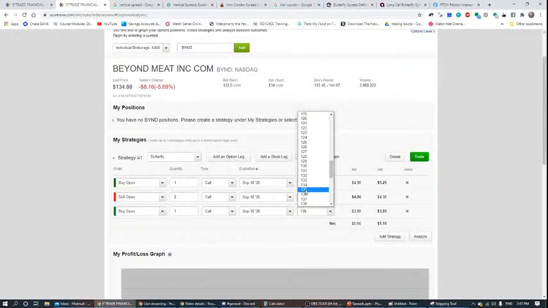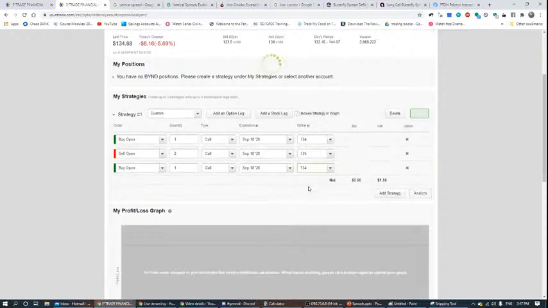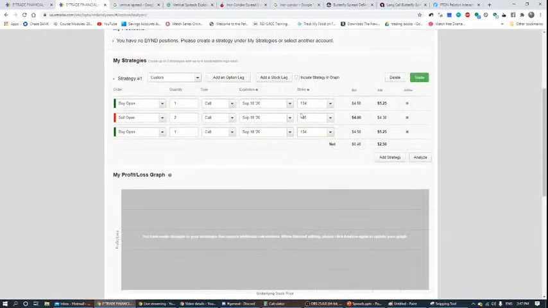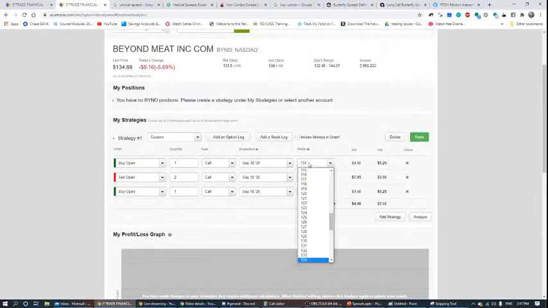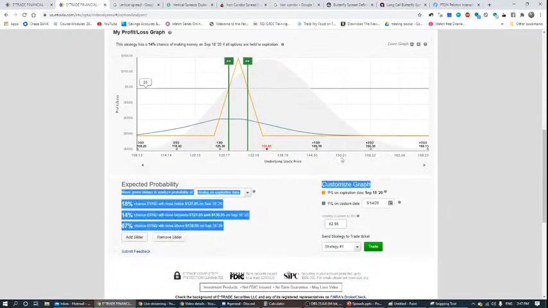So we can do 134, we can just break this one, 134, and then we can sell 129, and then buy the 124. So we're gonna make this wide enough.